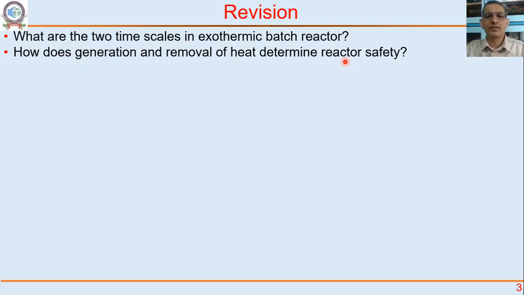How does this heat removal rate and heat generation rate determine the temperature profile, and how do these need to be taken into account for safe design and safe operation of the reactor? That's what we have done in this course so far, just to get you to revise, and then we will go forward.